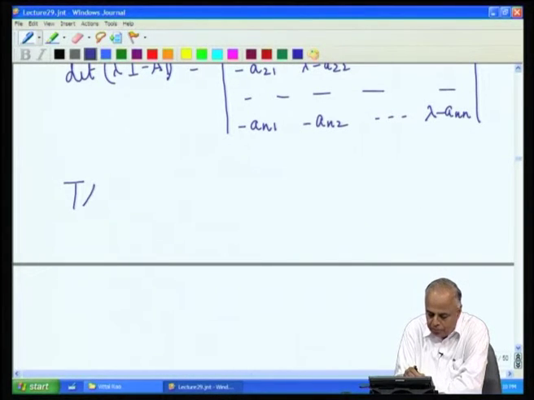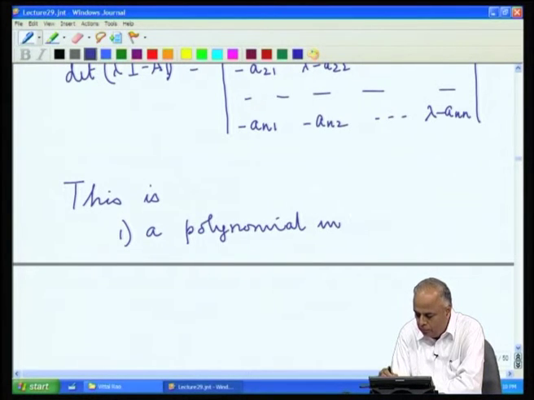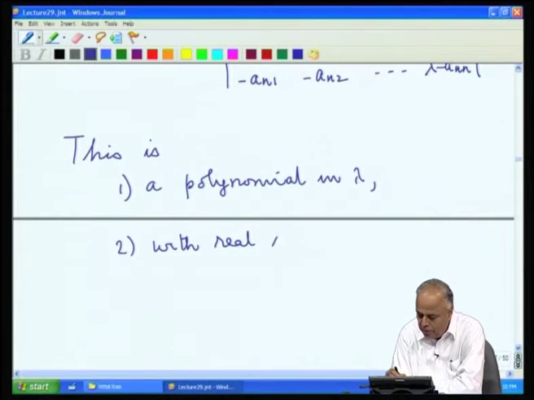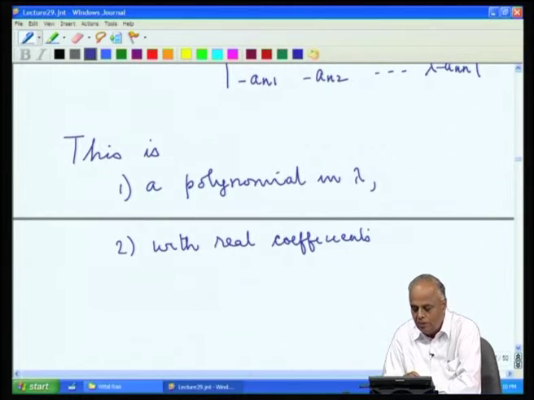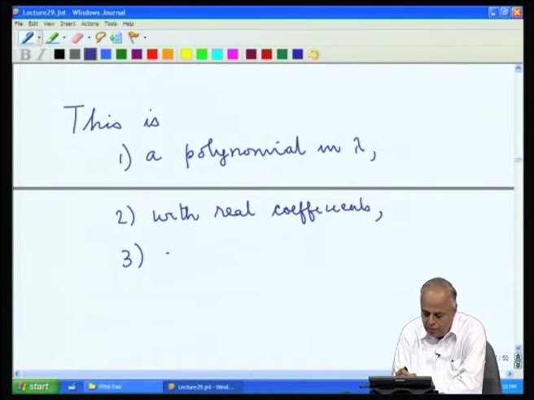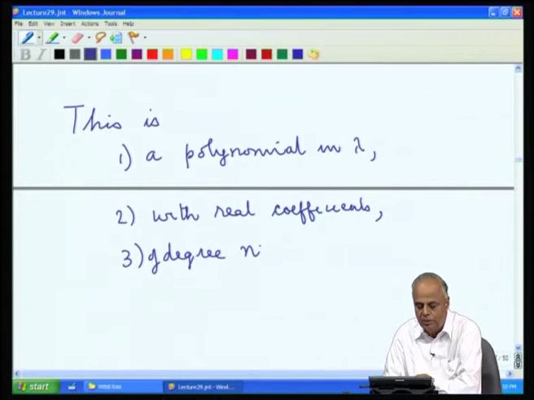So, this is, one, a polynomial in lambda. Two, it is a polynomial with real coefficients, because every entry is real. So, all the coefficients are going to be real in that polynomial, and the highest degree term is going to be lambda to the n, so degree n.